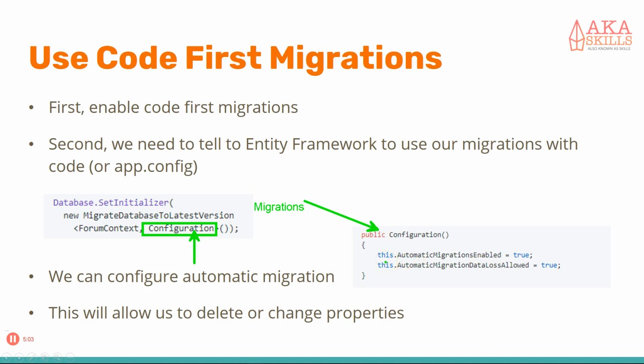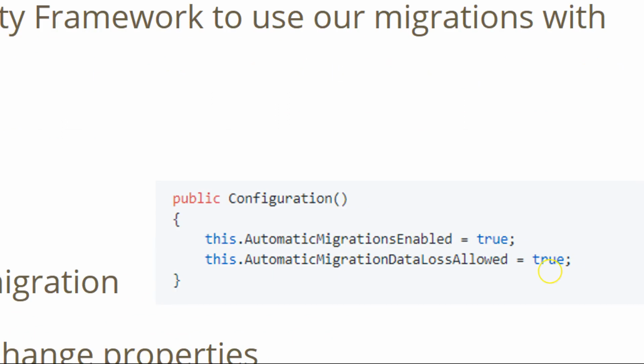Usually we have two main properties: AutomaticMigrationsEnabled and AutomaticMigrationDataLossAllowed. On a test environment, you can have both of them enabled, but at least one of them should be false on production. In fact, the good practice is to keep both of them false, because on production things shouldn't change. That's fine for test and staging environments, but keep in mind that for production, that's not good practice.